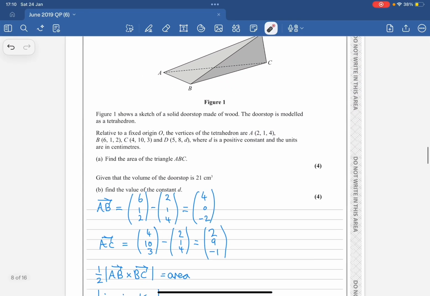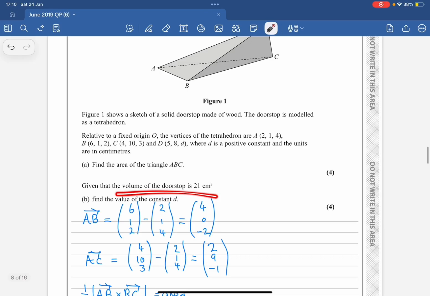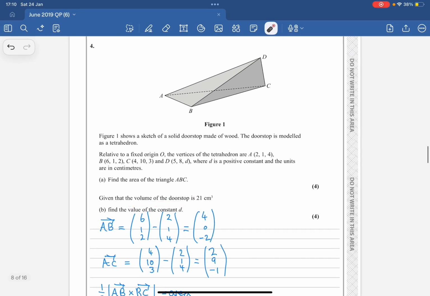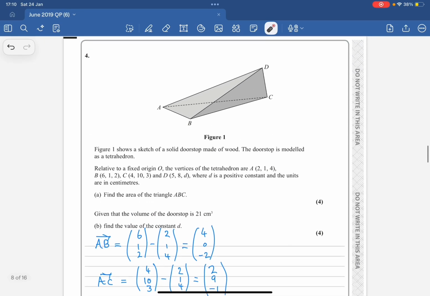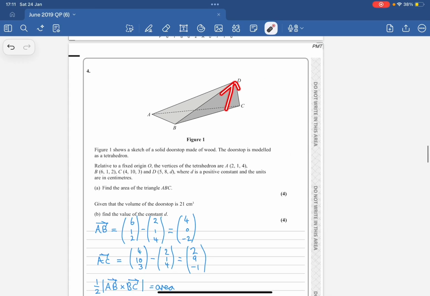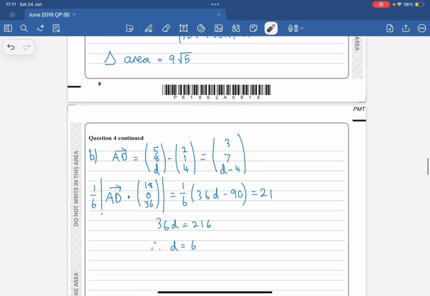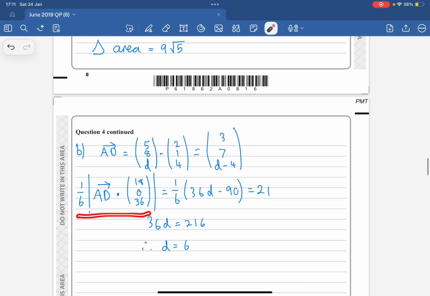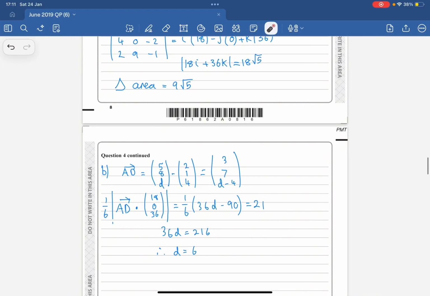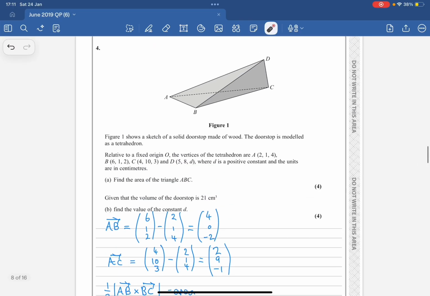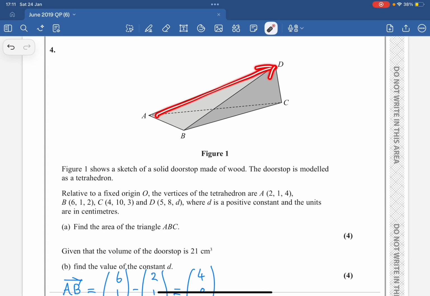Cool. Now here it tells us that the volume of this doorstep is 21 centimeters cubed. So that tells us that this whole shape here has a volume of 21. And to work out the volume of a shape like this, we have to use this formula: a sixth times the modulus of AD dotted with AB crossed with AC.